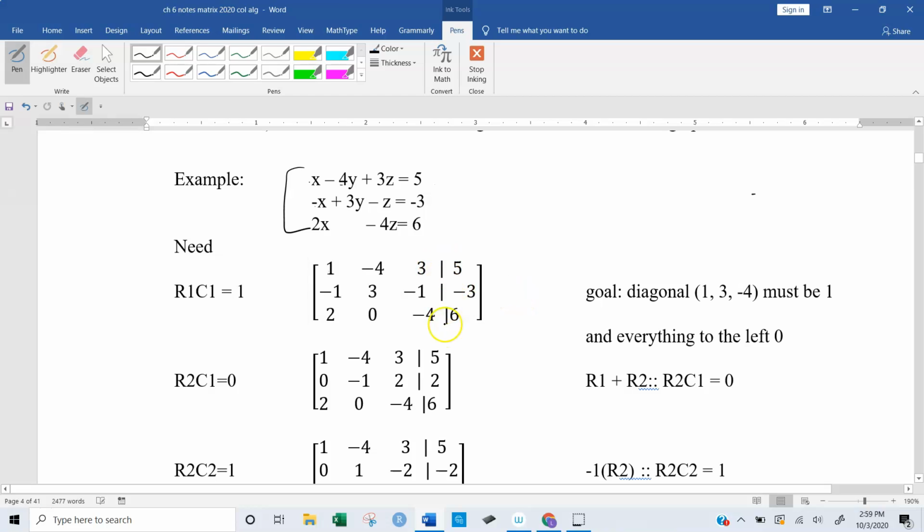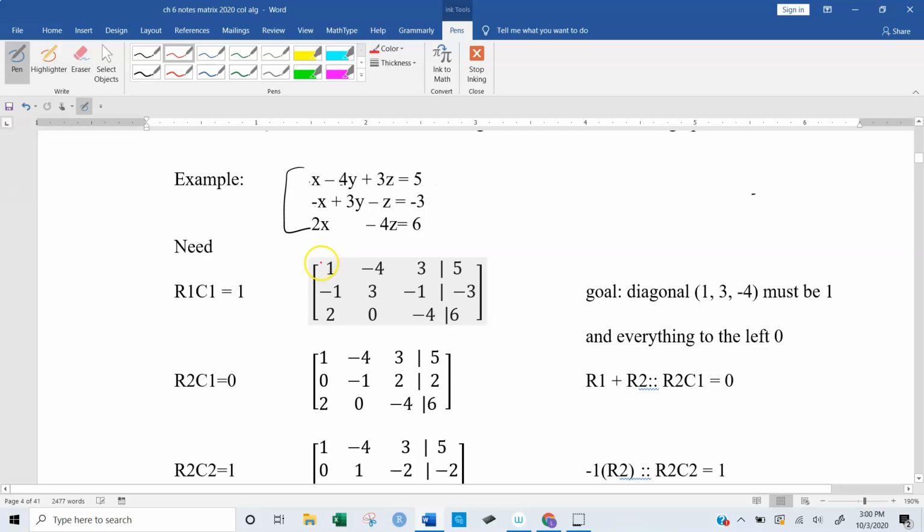Now, my goal is to get all of these to 1 and all of these to 0. The problem is I can't change all of these to 1s first. That never works, because then as I'm trying to get these to 0, I undo my 1s. So a lot of times the way we do this is we start with the first one.